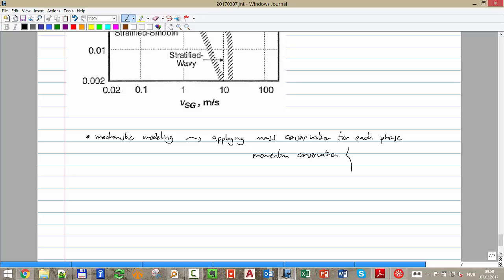Momentum conservation usually might have two ways: you might apply it to each phase, or you might apply it to the mixture.